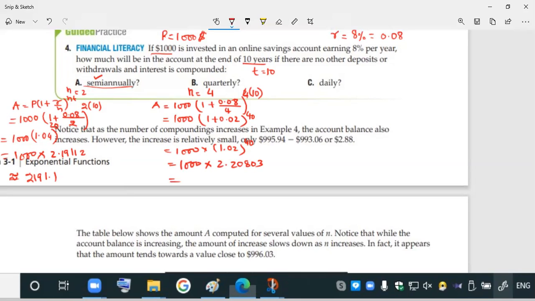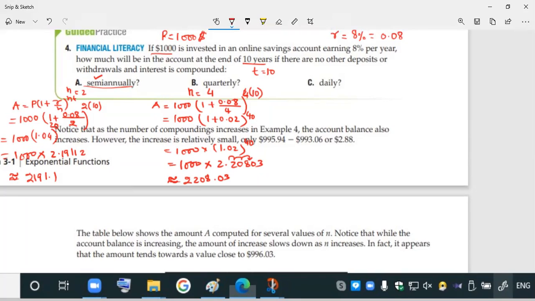This decimal will move 3 places, because when you are multiplying it will move 3 places: 1, 2, 3. So this will become 2208.03 dollars approximately, the amount after 10 years. You can see it is 2191, it is 2208, because it is compounded quarterly.